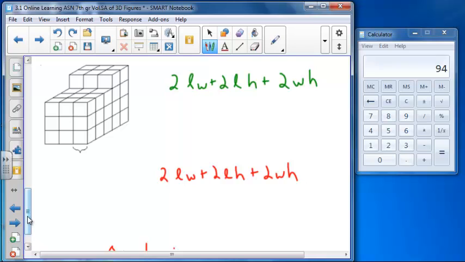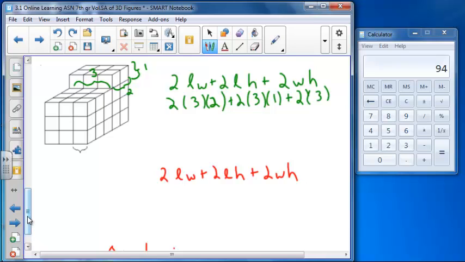So this length is 3, this width is 2, this height is 1. 2 times 3 times 2 plus 2 times 3 times 1 plus 2 times 3 times 1. 2 times 3 is 6, 6 times 2 is 12, 2 times 3 is 6, 2 times 3 is 6.